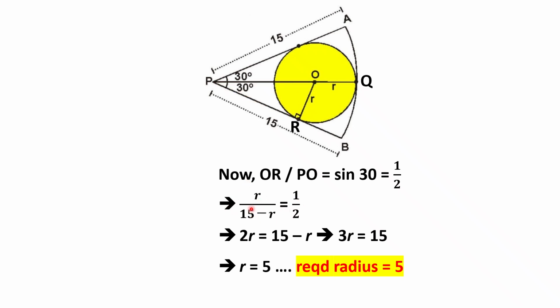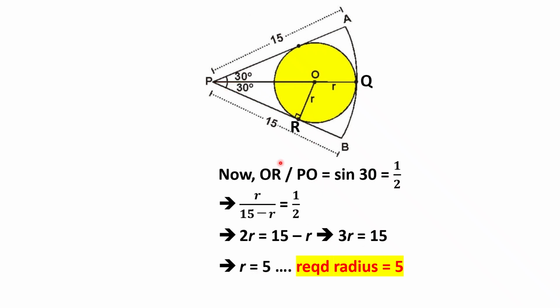Now cross multiply: 2R equals 15 minus R. So minus R will come to this side: 2R plus R, 3R, equals 15. So R equals 5.